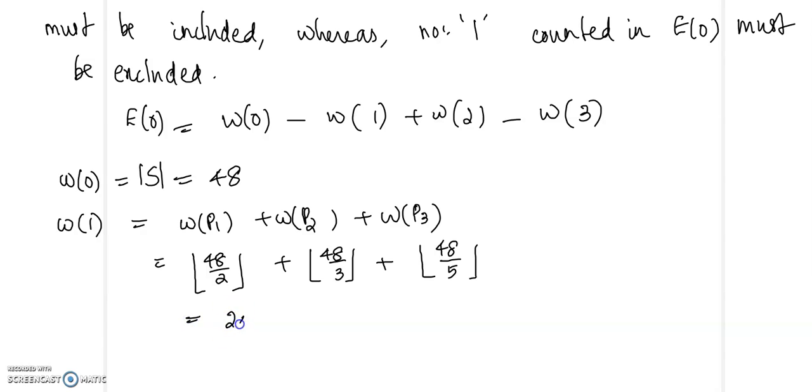So that will be 24 plus 16, and 48 by 5, the integer function will be 9. So that will be equal to 49.